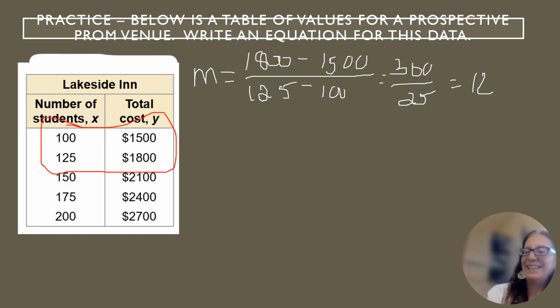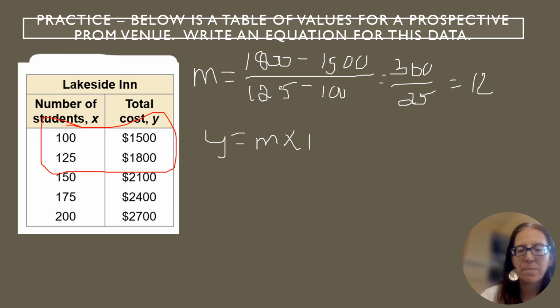Yay. And now I need the y-intercept. To find the y-intercept, I like to borrow a point and plug it in. So we've got y equals mx plus b. I'm going to borrow the smallest point I have, because why would I use bigger numbers if I can avoid it? In my smallest point, my y value is 1500. I just found out that my slope was 12.